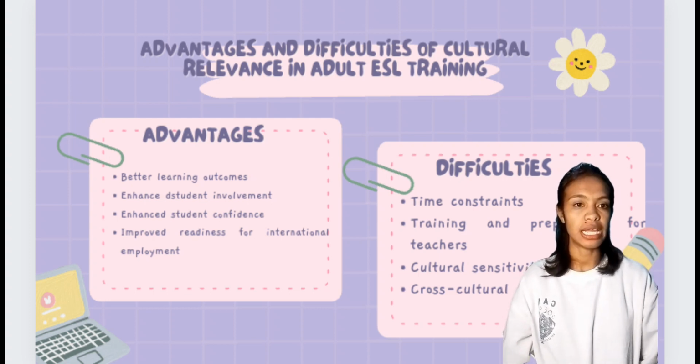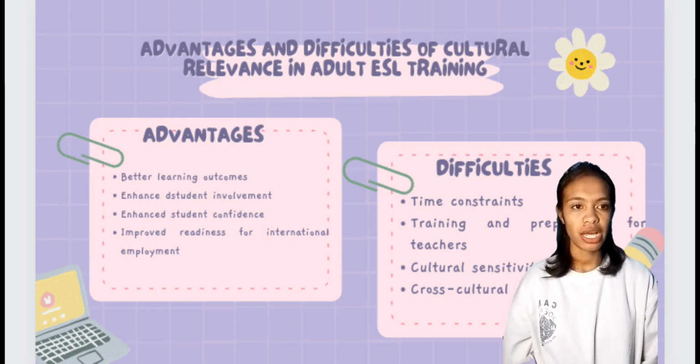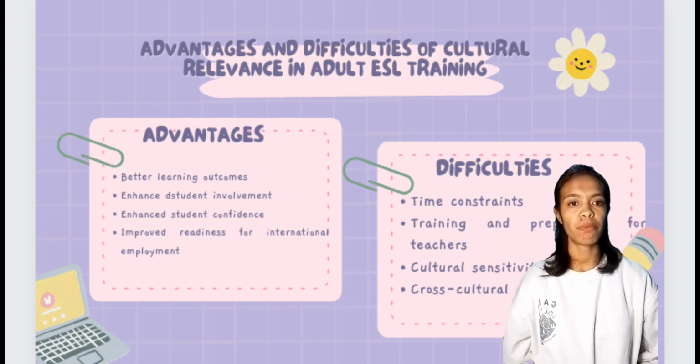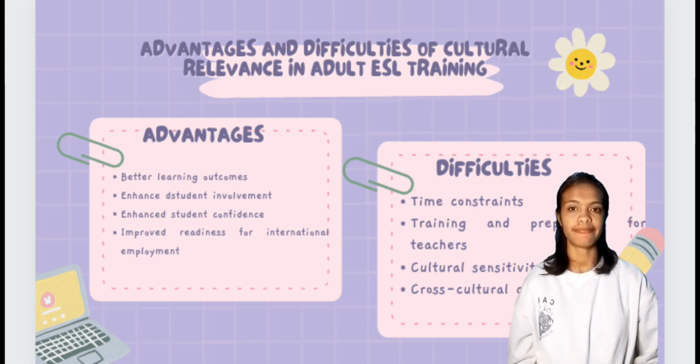The last is improved readiness for international employment. Adult learners can be more prepared for global careers by embracing cultural relevance, which helps them comprehend potential cultural disparities across many nations and industries.